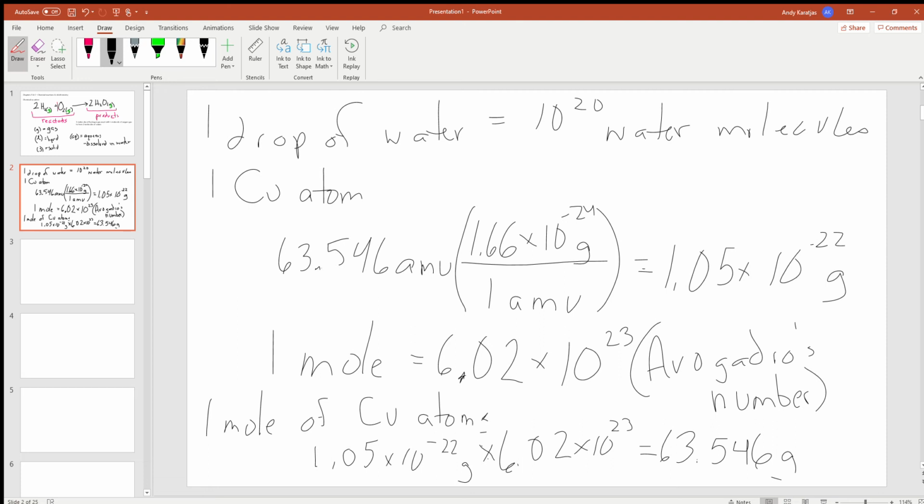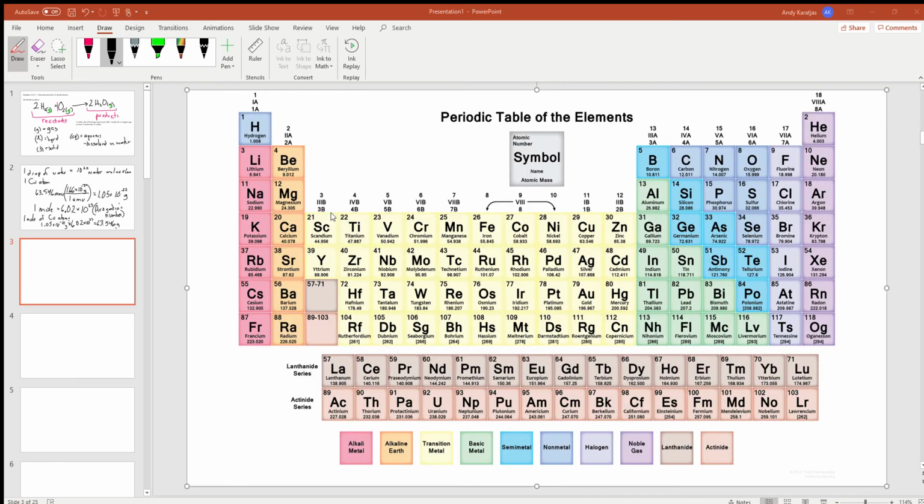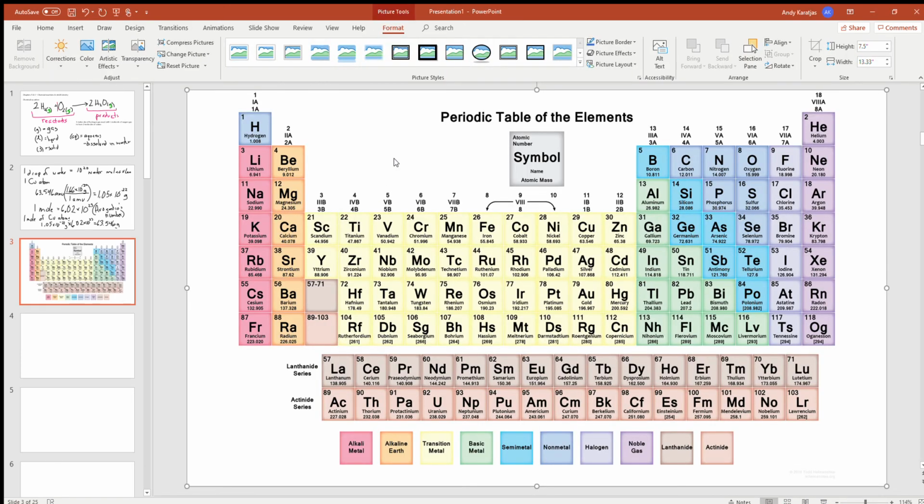So is that true for anything? Well, let's look at our periodic table. Here's our periodic table again.